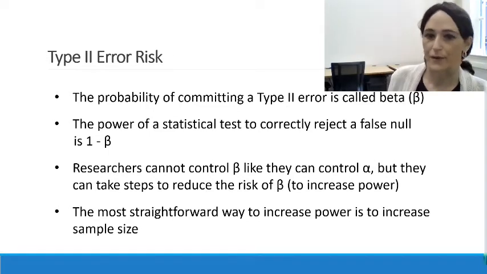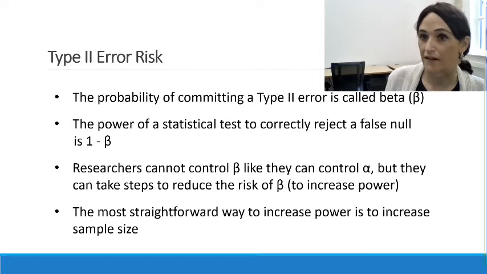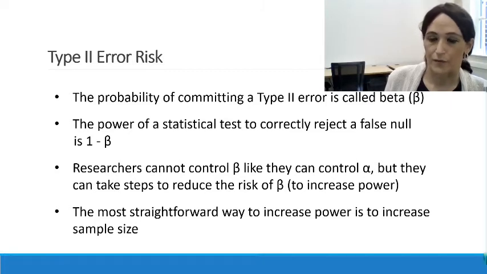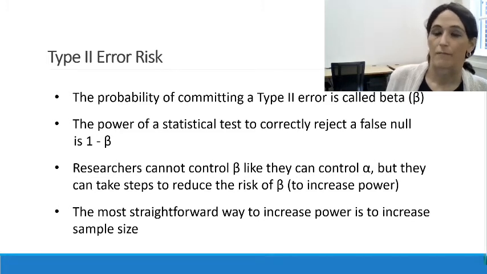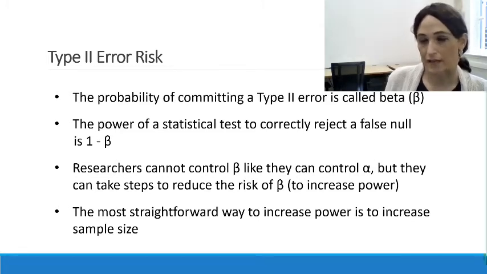The most straightforward way to increase power is to increase the sample size. So when we do a power calculation in a study, we might determine how much power we had to reject the null hypothesis. In advance, we may calculate a sample size that we need to achieve a certain power based on what we know already in the population.